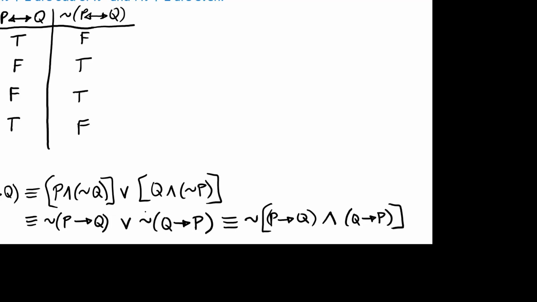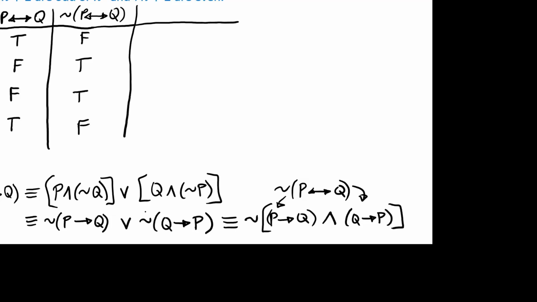Well, P implies Q and Q implies P is just P if and only if Q. So what we have here is the negation of P if and only if Q. That's one way to write the proof. I used De Morgan's law to show that.